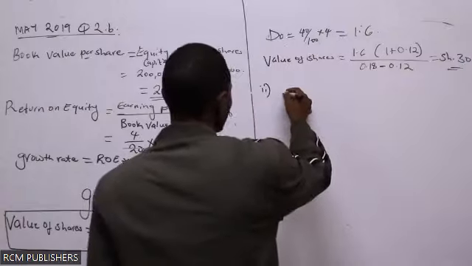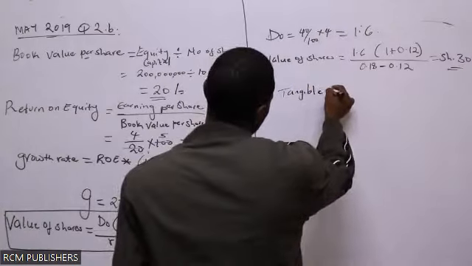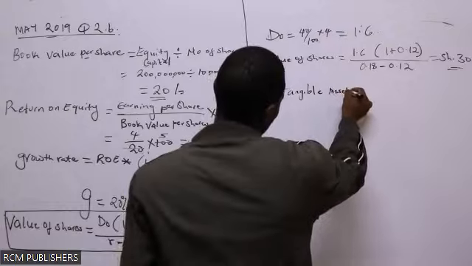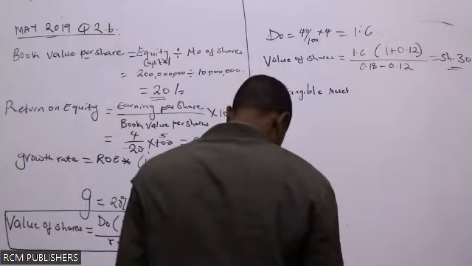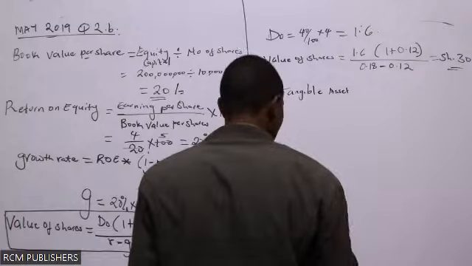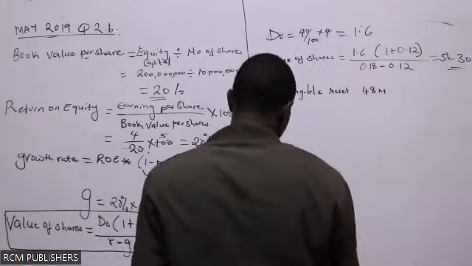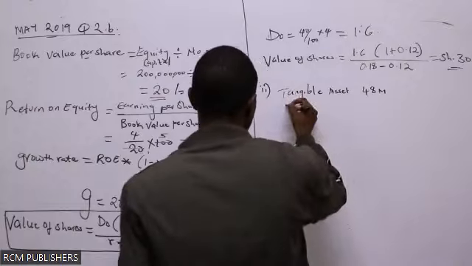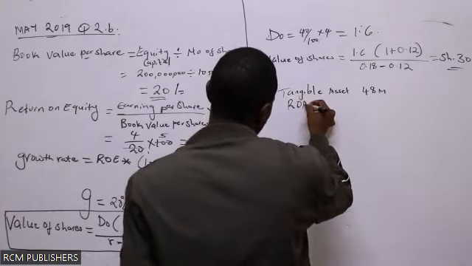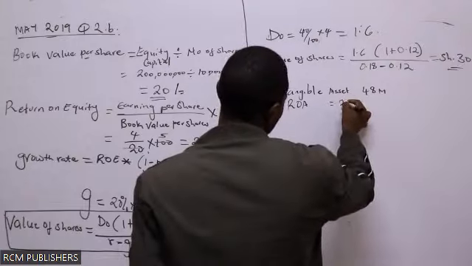So the tangible assets are worth 48 million. Then the return on assets is 12%.